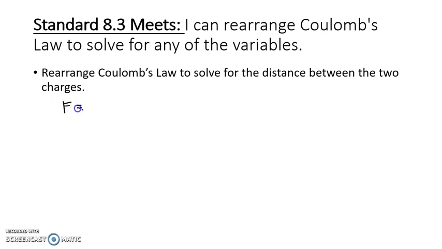Coulomb's law is that the electromagnetic force is equal to a constant K, Q1, Q2, over the distance squared. So we know that F is our force. We know that K is a constant.